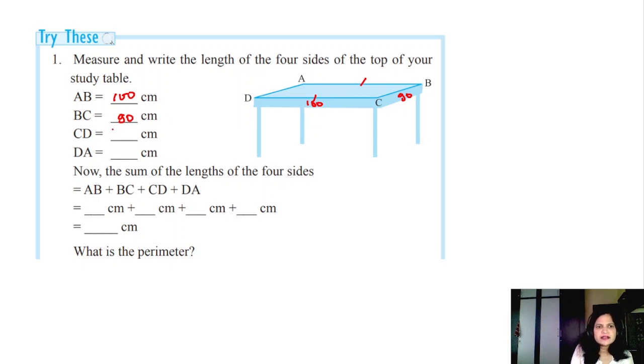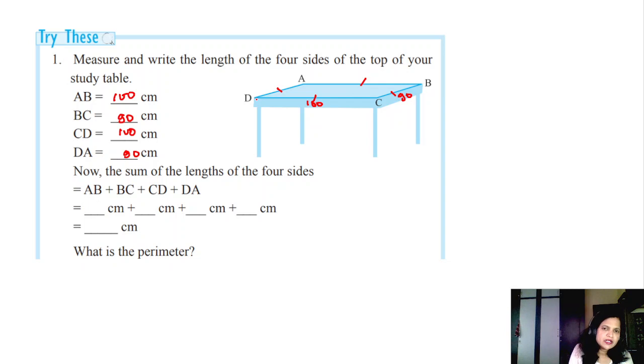CD is 100 again because opposite sides are equal. Then DA is 90. Now take the sum of the lengths of the 4 sides. You need not take the thread, which is too long, to start from here and end here.